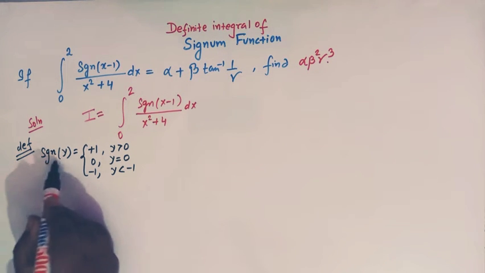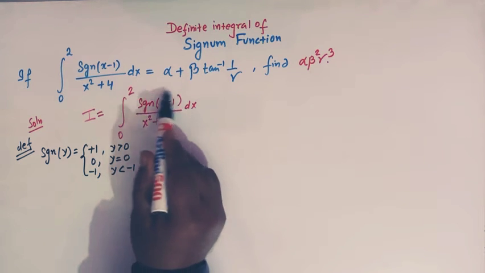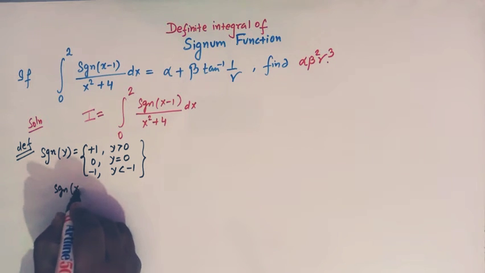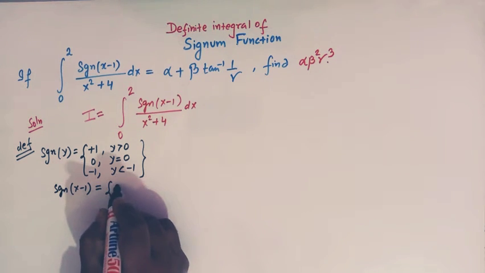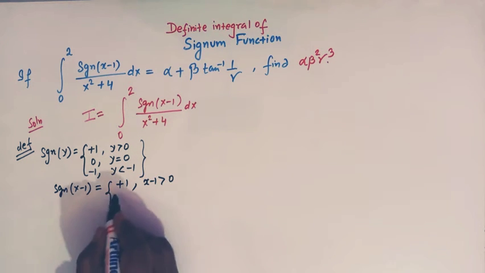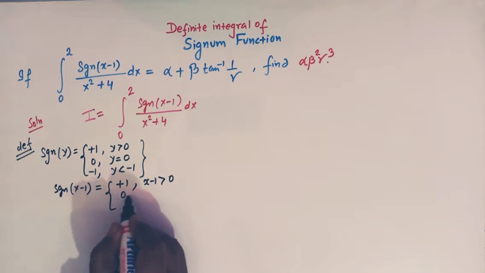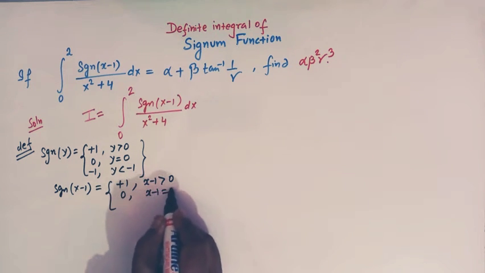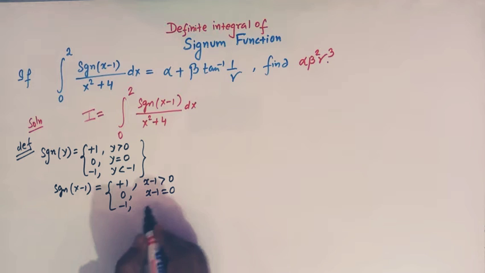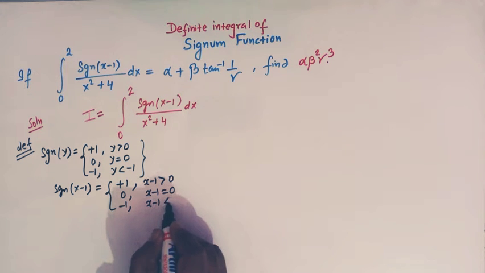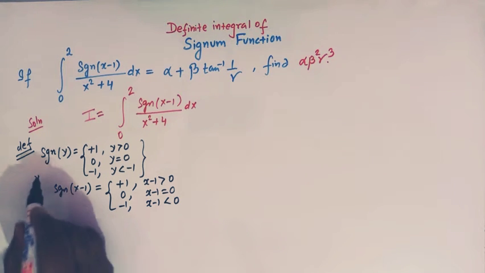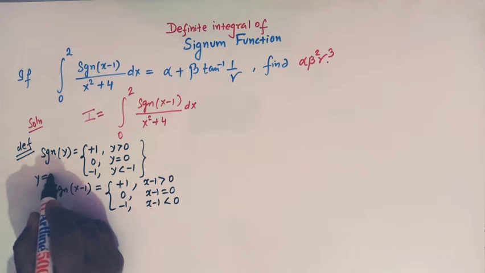Using this definition, we can define signum of x minus 1: it is plus 1 whenever x minus 1 is greater than 0, 0 whenever x minus 1 is equal to 0, and minus 1 whenever x minus 1 is less than 0. Here we have taken x minus 1 for y.